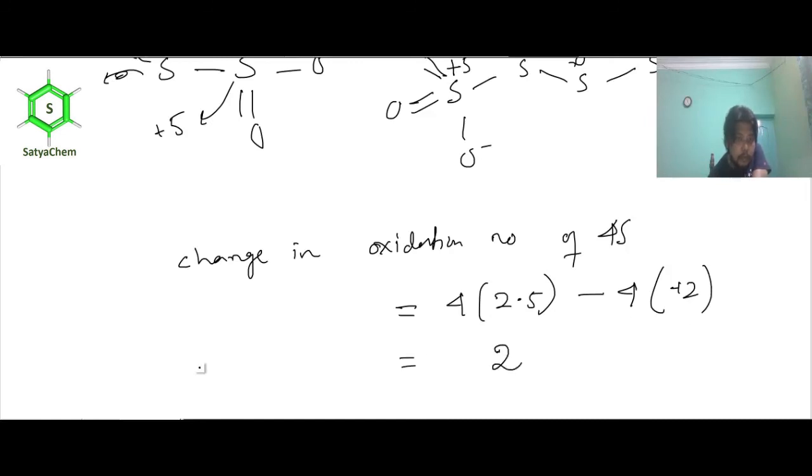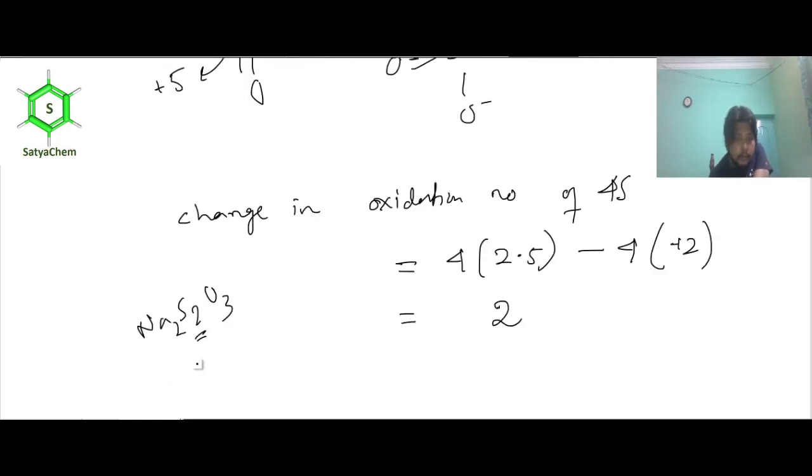In Na2S2O3, the number of sulfur is 2. So the change in oxidation number for 2 sulfur will be 1 unit.